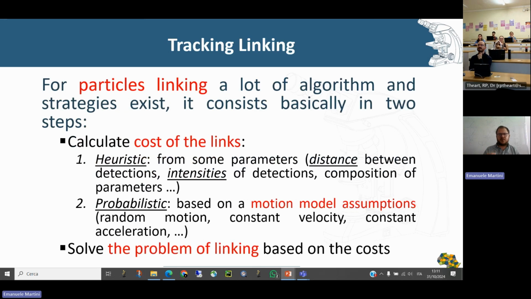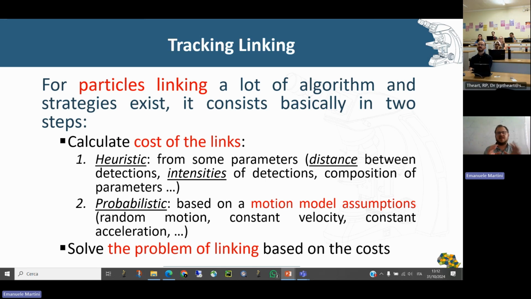Now, also for the linking part of the tracking, I just want to introduce a few basic theoretical considerations. Most of the time when you want to link, so to identify the same object frame after frame, you can have two approaches. One is heuristic, so you put in some parameters like distance between detections, intensities of detections, and, if you have the boundaries, the area of the detection.